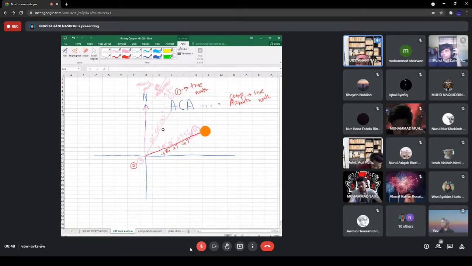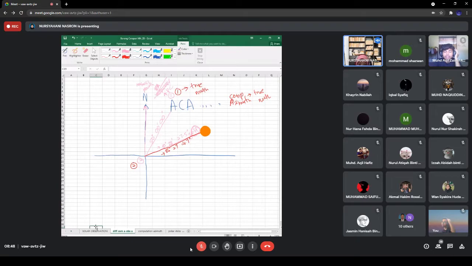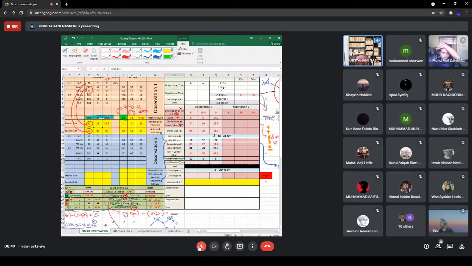We do two observations, circle left and circle right, and then we get the mean RO, which is 50 degree, 0 minute, 5.05 seconds. So to get the true RO, the difference is added to the mean observation RO.